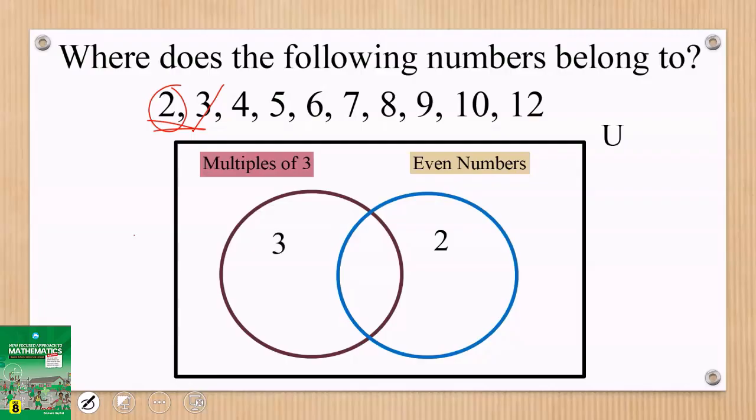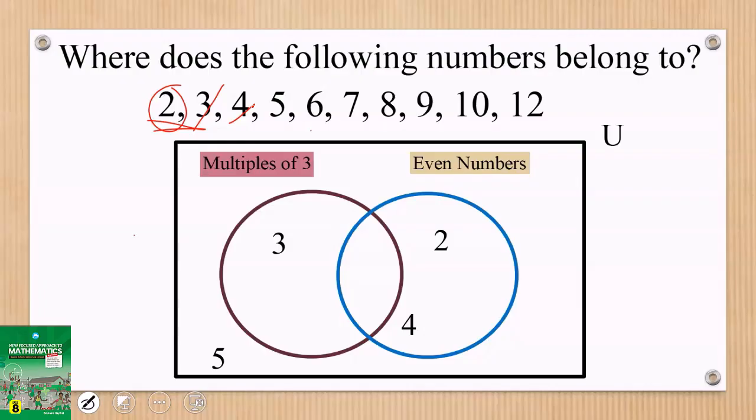What about 4? 4 is an even number, right? And it's not a multiple of 3, so I can put it here. 5 is not an even number. It is not a multiple of 3 either. So it will be outside the 2 circles, but inside the universal set.